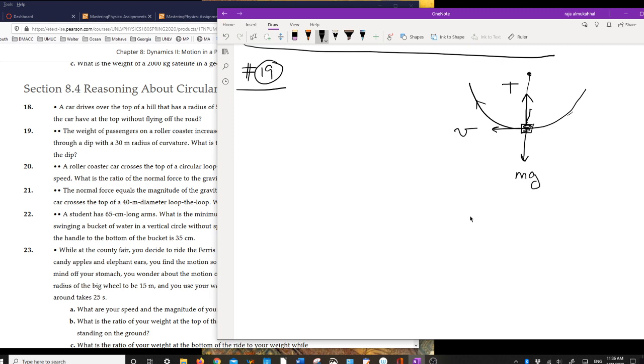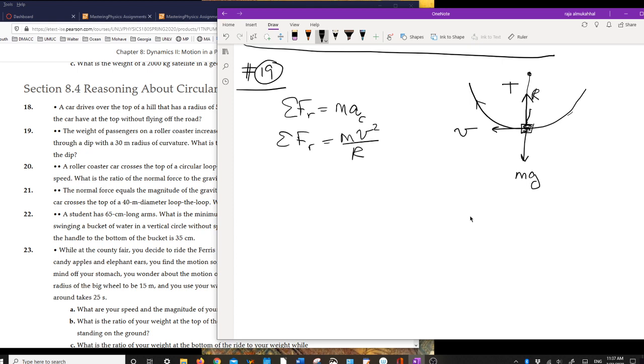Okay, it says the weight of the passenger increases by 50%. So now if I put the sum of the forces in the radial direction, it is equal to ma. A here, of course, is the centripetal acceleration, so the sum of the forces in the radial direction is equal to the mass of the passenger multiplied by v squared over r, r being the radius right there, right?